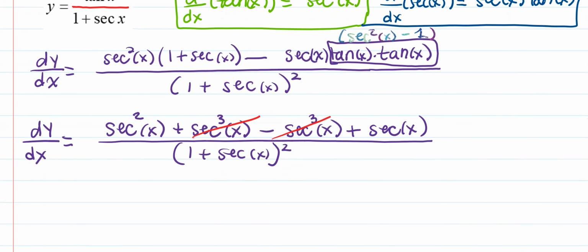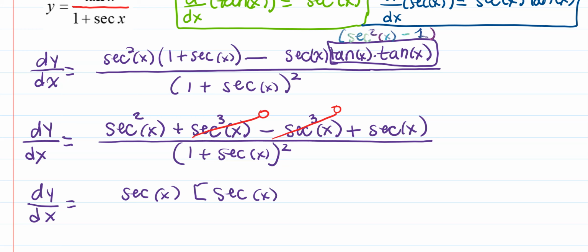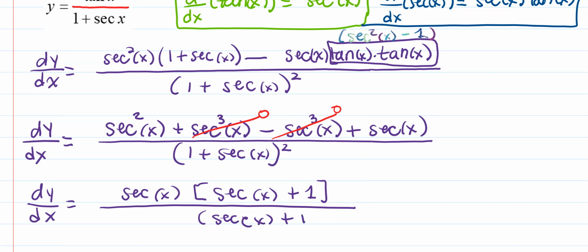Okay, well, things are looking pretty nice because secant to the third minus secant to the third is 0. And so what we really have there is secant square plus secant of x, which we can factor out a secant of x. And so what we have left is secant of x plus 1 all over, and this really is secant of x plus 1 times secant of x plus 1.